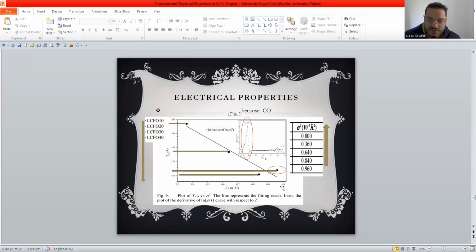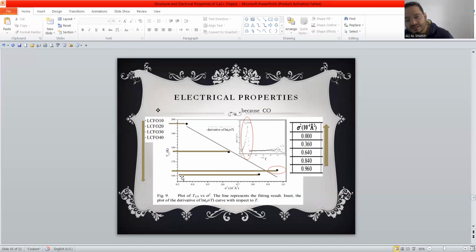Here we have a hysteresis phenomenon. Why? Here at 0.30, the lowest result of the charge ordering temperature is with 300% of calcium, equal here at 0.84 to approximately 160 Kelvin.